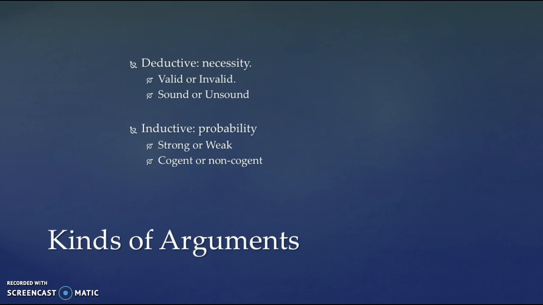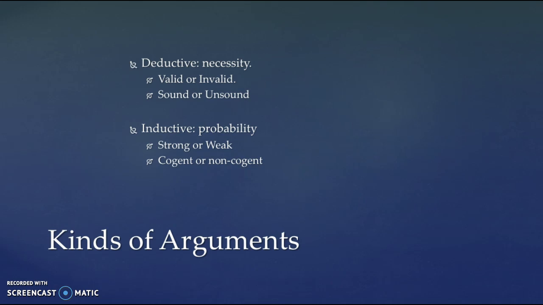Valid and invalid applies only to deductive arguments, so you would never use these terms to describe an inductive argument. Further, they only talk about the logical form of the argument. They say nothing about the truth of the argument. A valid argument is a deductive argument which is structured so that it has the necessity intended for a deductive argument.